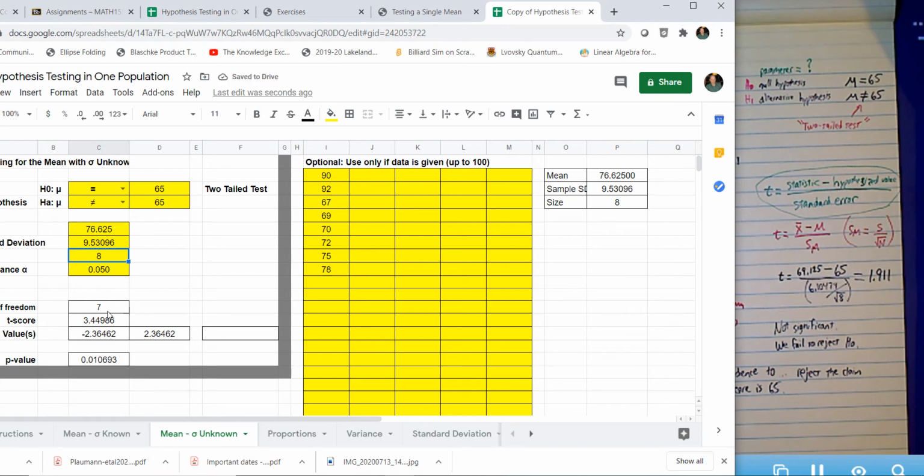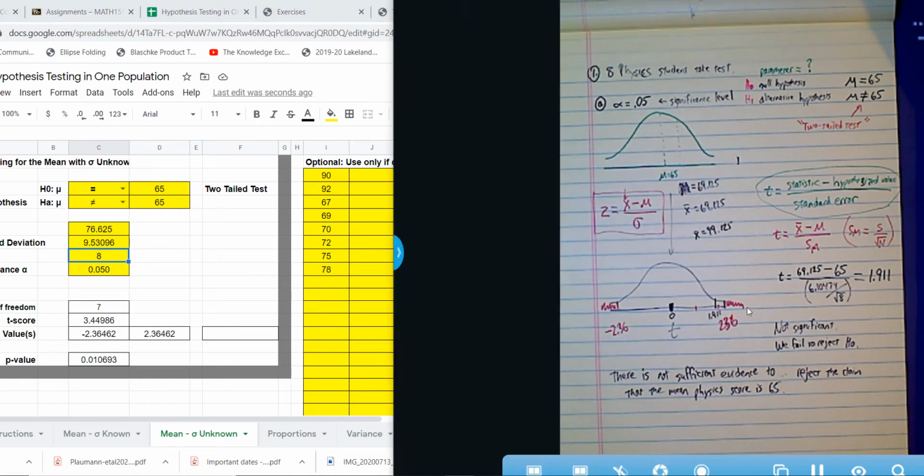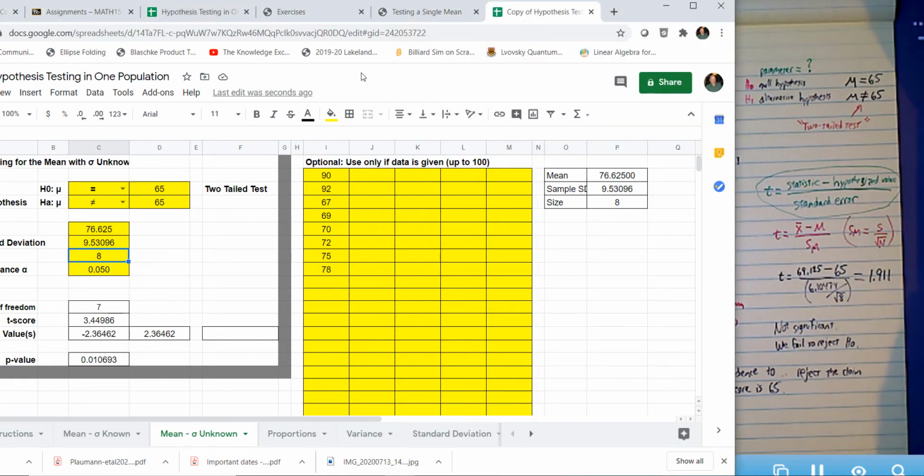And if that had happened, my t-score would be at 3, way beyond 2. And if that were the case, you would reject the claim that the mean is 65. You would say that our sample supports the idea that the mean doesn't equal 65, because we're getting something that would be very unlikely if the mean were actually 65. If you have a couple of 90s, you're probably not going to have a mean of 65. Okay, but let me control Z on these.